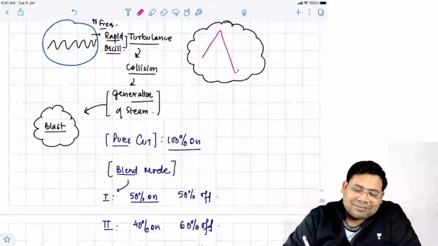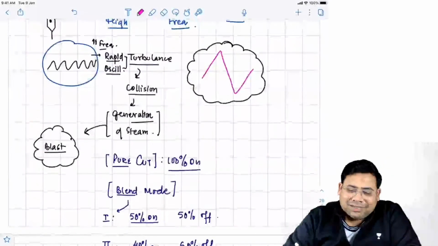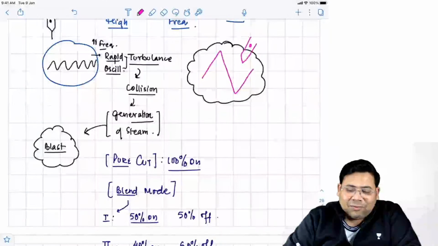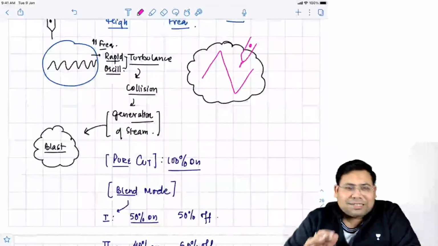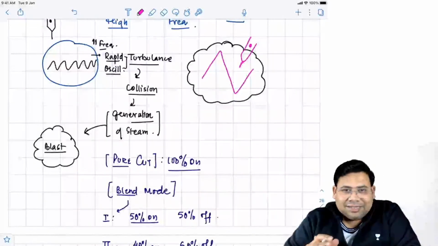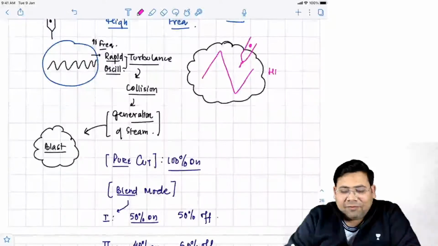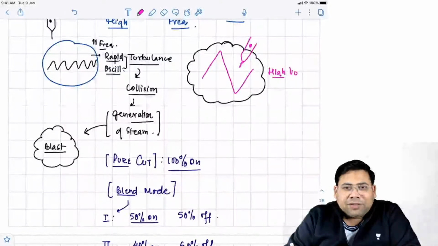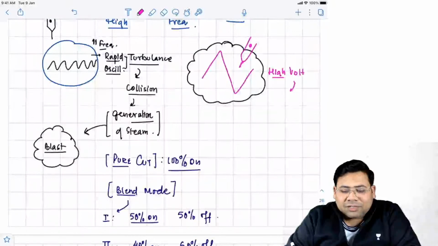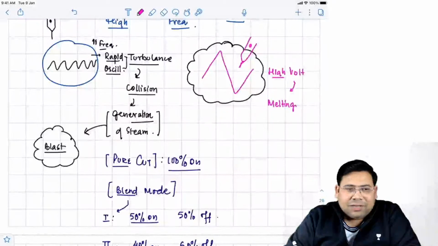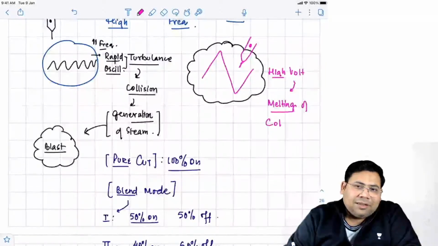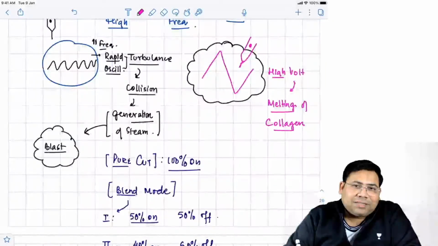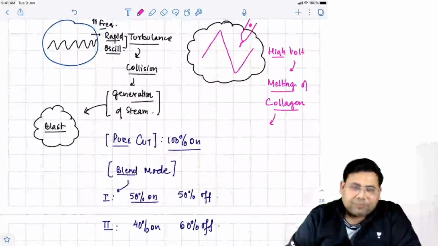So next, when you talk about seal, what is the difference between seal and cut? In seal, we have high voltage and low frequency. High voltage is going to cause melting of collagen. And when we talk about melting of collagen, what is going to happen?